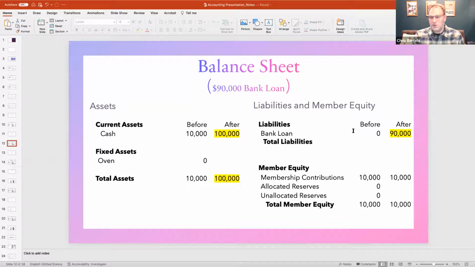And then if you look at the right-hand side, the co-op needed $100,000. So you can see that they got $90,000 from the bank, and then the $10,000 from the membership contributions. And those add up to $100,000.